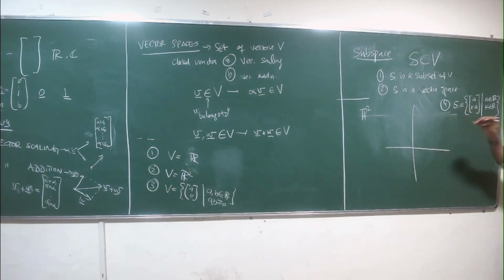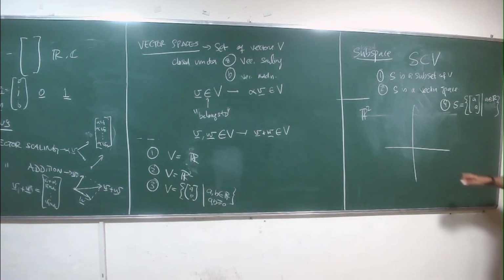S is a subset of R2 because you've got two real numbers, such that the elements are A and K times A, where A and K are real numbers. What would this set look like if you were to draw it in R2? In fact, to make it simpler, let's say K is 1. There's no K. What would it look like in R2?